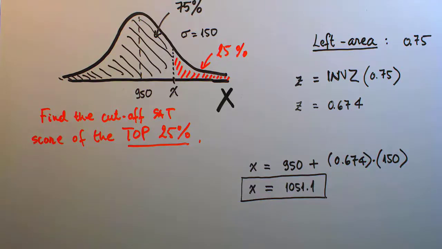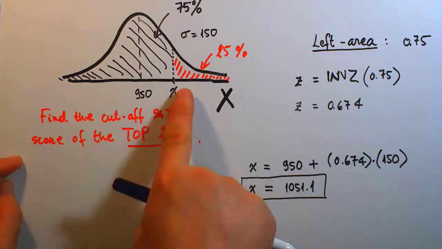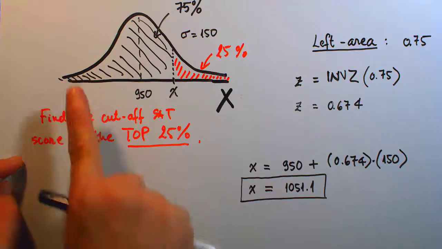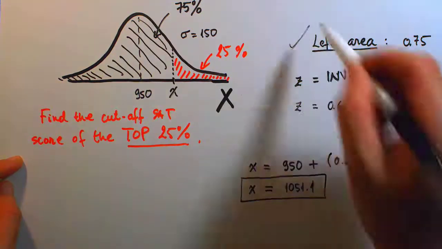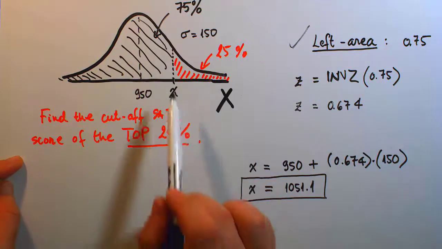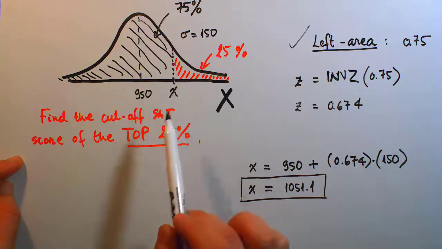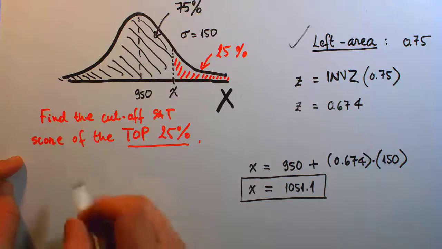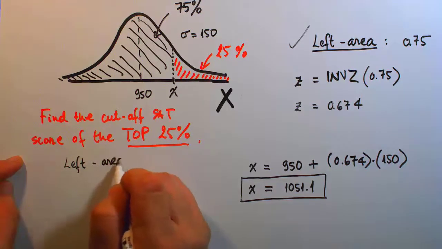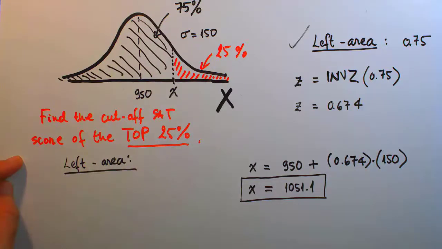The only fundamental we keep is that anywhere our value is on this horizontal axis, there will be an area shaded to the left. So our first responsibility is to find out how big the left area to that cutoff is. If we were starting this problem from scratch, the step where we find the left area takes slightly more steps.